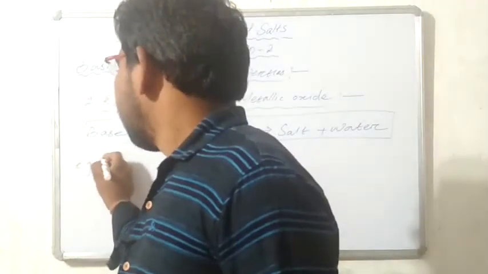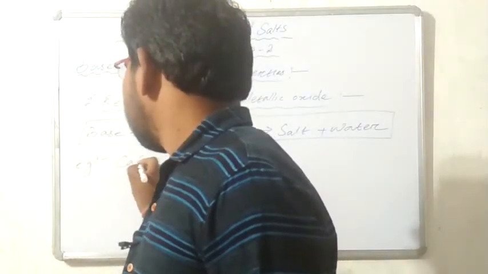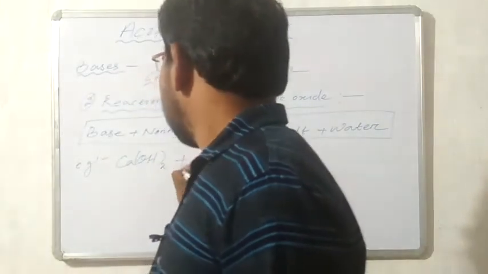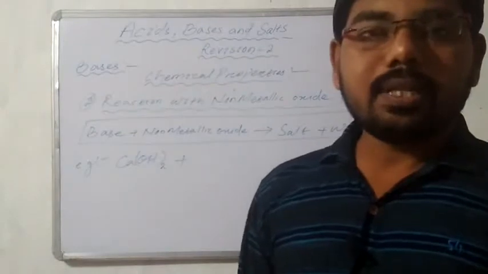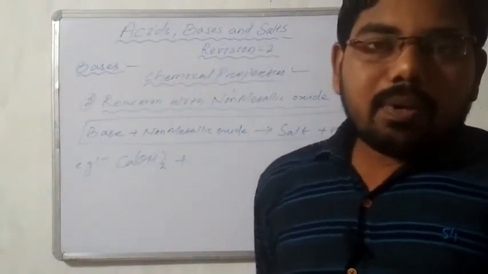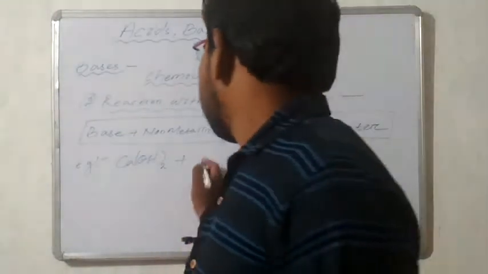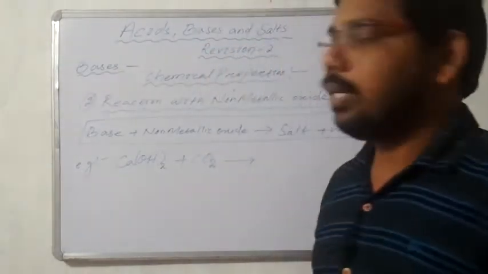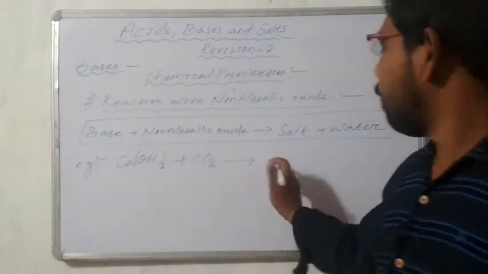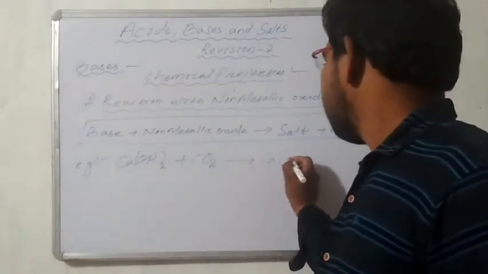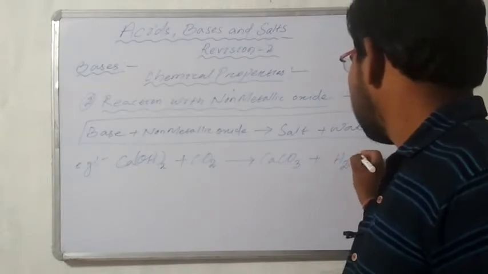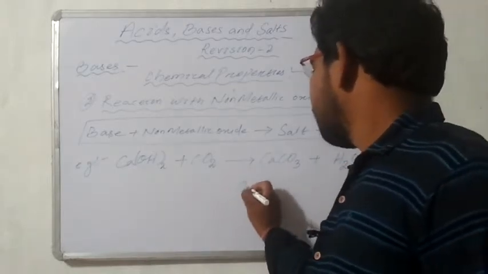Now we discuss one example. We take one base, calcium hydroxide, Ca(OH)2, plus one non-metallic oxide, CO2, carbon dioxide. Then the salt formed is CaCO3, calcium carbonate, plus water, H2O.